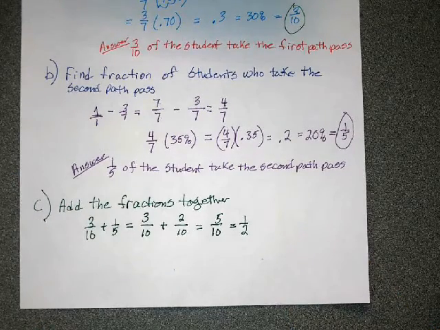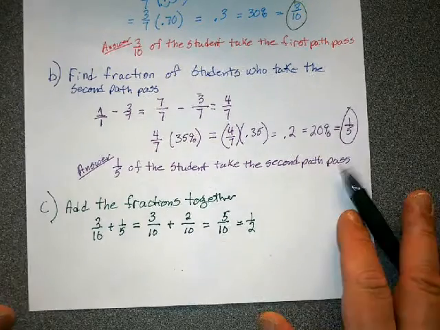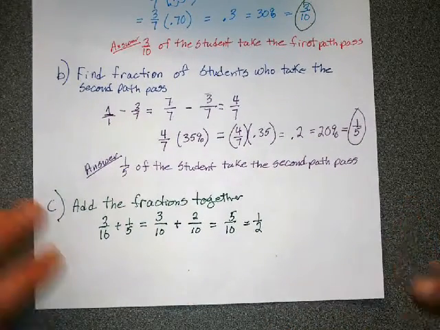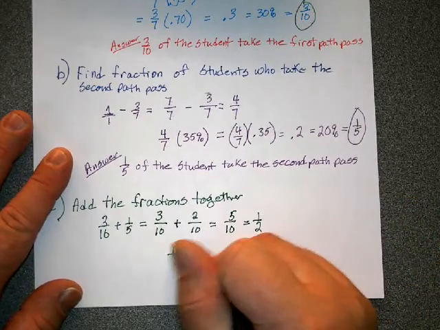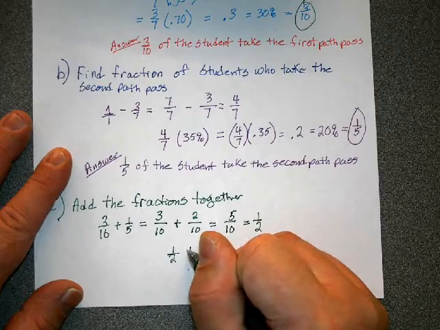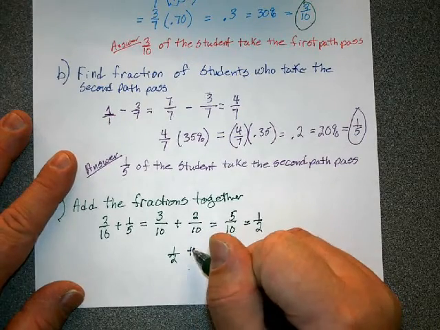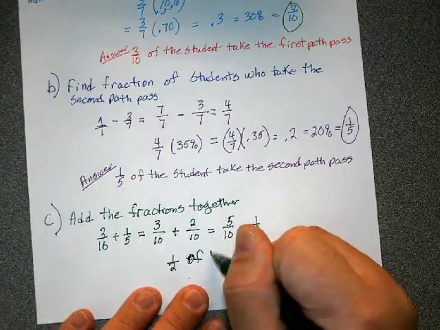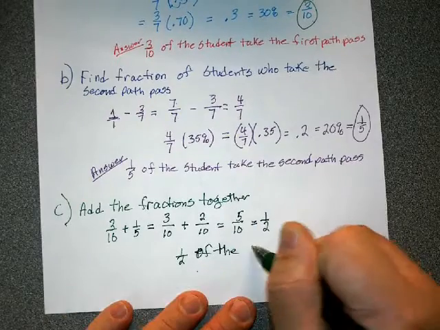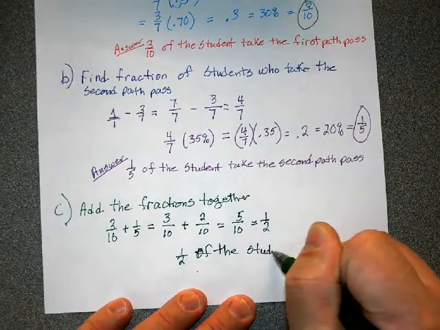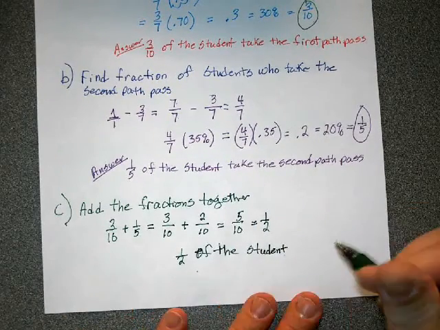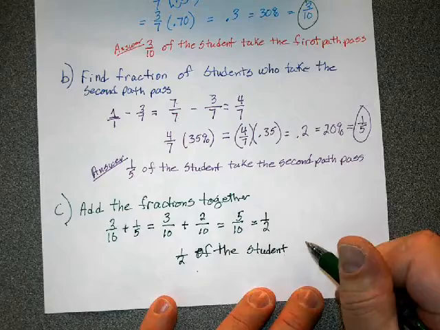I like the third half. So half of the students in this school, I'm not so sure that half the students would pass math. Could that work? Half of a whole school?